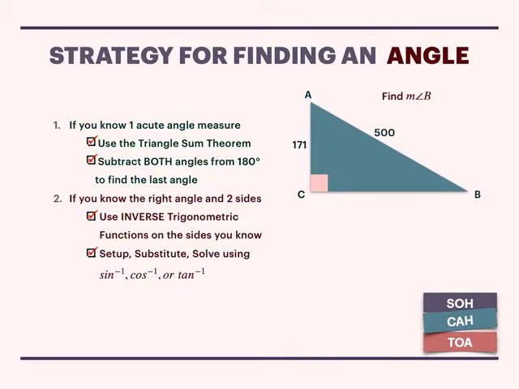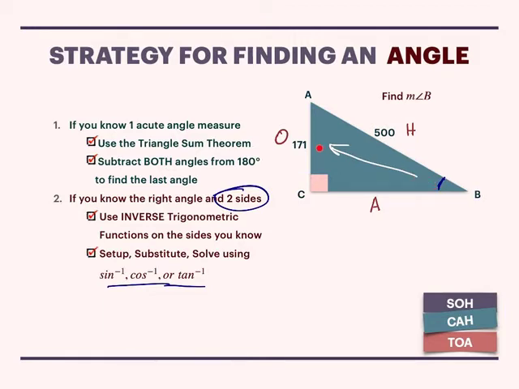Here's the other method, and this method is if you don't have any angles, but instead they give you two of the sides. That's what we worked on just the other day, where we could use our inverse trig functions to find angles. We get the ratio by looking at the sides, then inverse sine it to get the angle. In this case, I'm looking for angle B, and that's down here. So right away I can define my sides. There's the opposite. Hypotenuse is the long side, and there's our adjacent. I look at it from my angle's point of view.